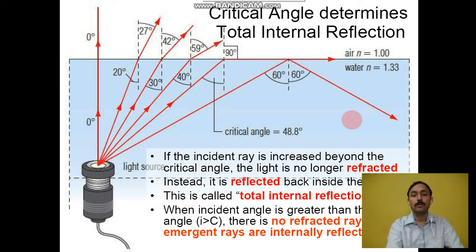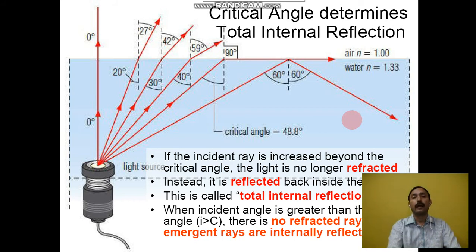This is called total internal reflection. When the incidence angle is greater than the critical angle, that means here I is greater than C, there are no refracted rays. All emergent rays are internally reflected.